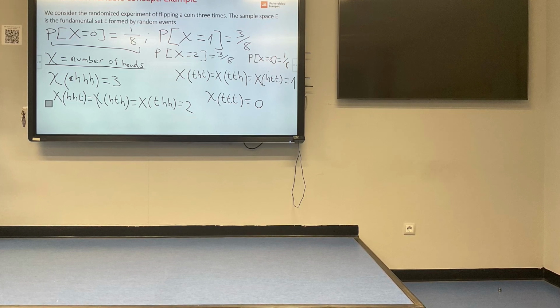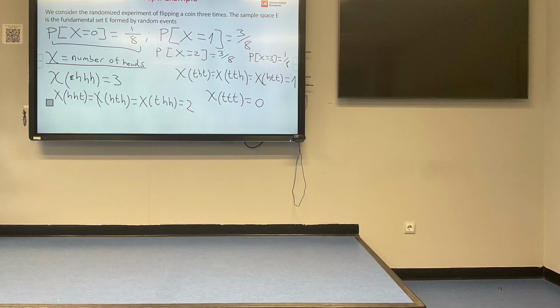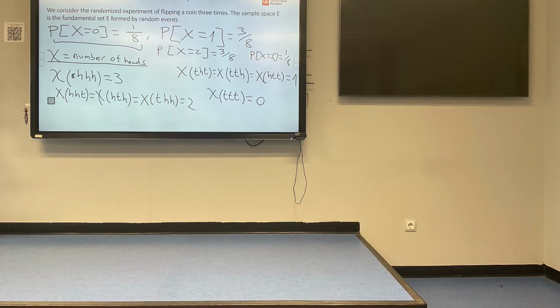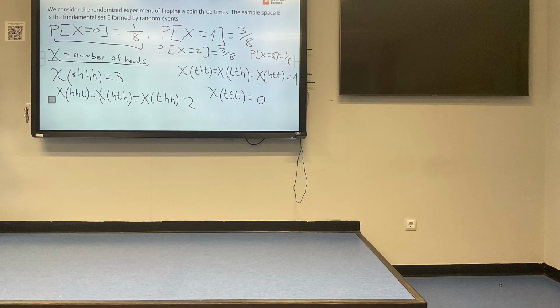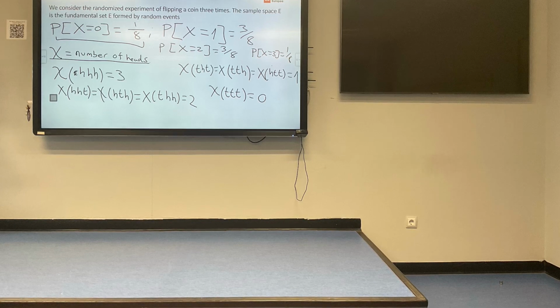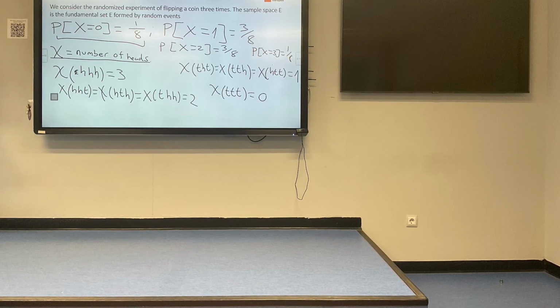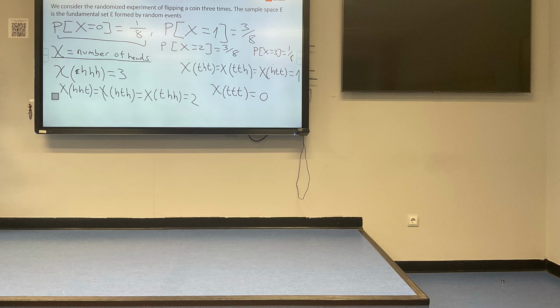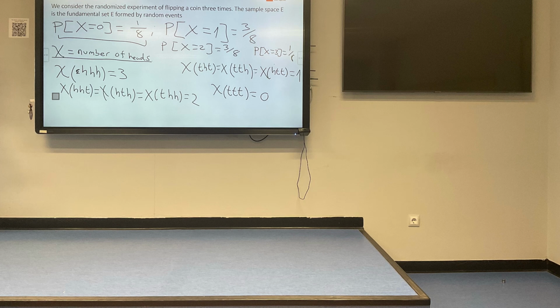For example, consider this experiment: we flip a coin 3 times. What is the sample space in this experiment? If you flip a coin 3 times, what are the results that you can get?